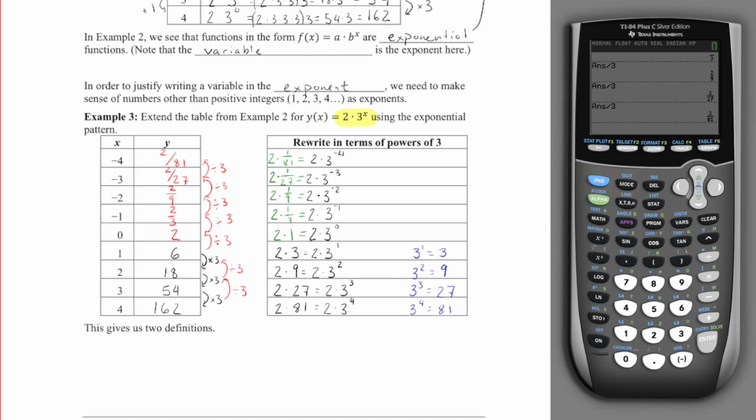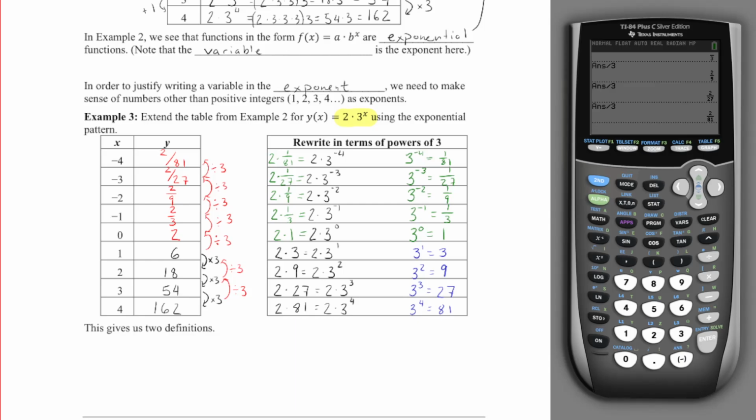But now it looks like 3 to the 0 had better be 1. 3 to the negative 1 had better be 1/3. 3 to the negative 2 had better be 1/9. 3 to the negative 3 had better be 1/27. 3 to the negative 4 had better be 1/81.